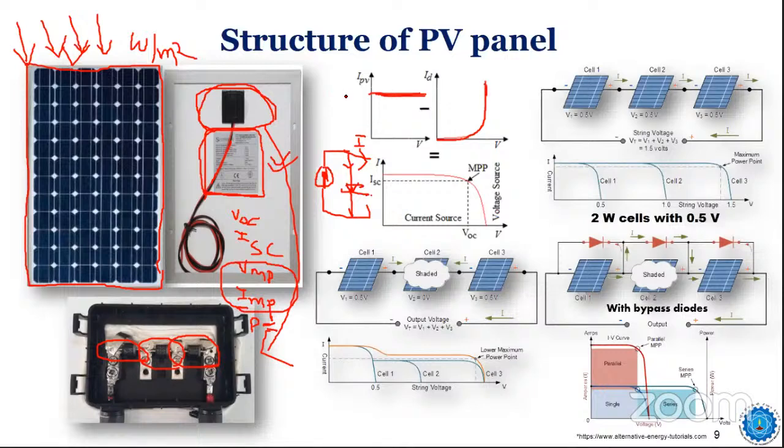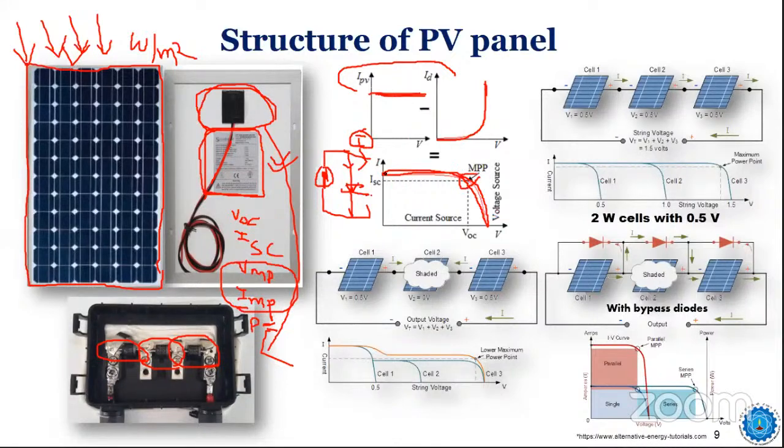So the equivalent current from the PV panel will be IPV minus ID. Very simple. If you subtract at every point, you will get a curve like this. This is the highly non-linear curve of a photovoltaic panel, and on it there exists only one maximum power point.